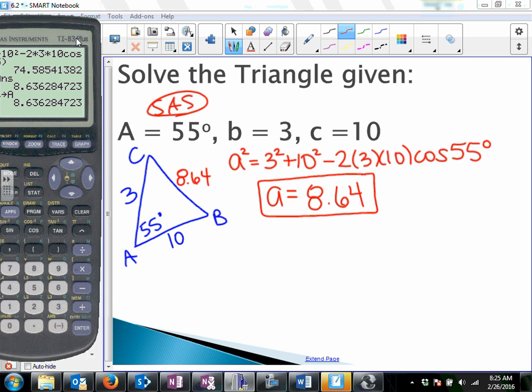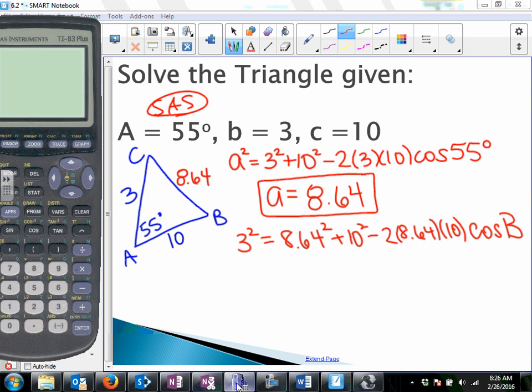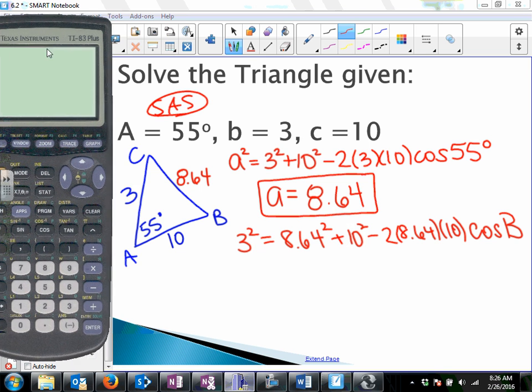So that means we would have B squared equals A squared plus C squared minus 2 times A times C times the cosine of angle B.